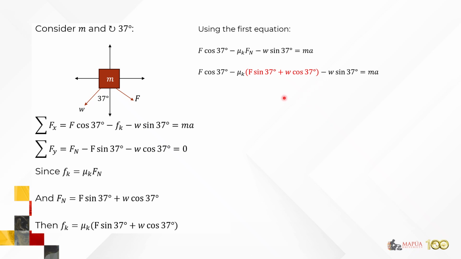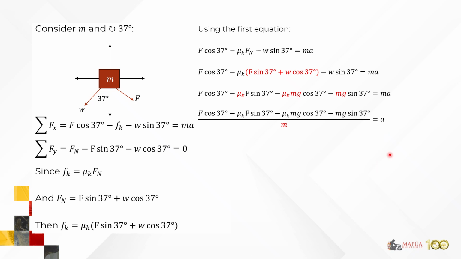Then you'll notice that we can distribute this mu sub k to both these terms. Also we can substitute weight with mass times acceleration due to gravity g, same thing with the third term. So actually we now have four terms on the left side of the equation, and then one term on the right side.